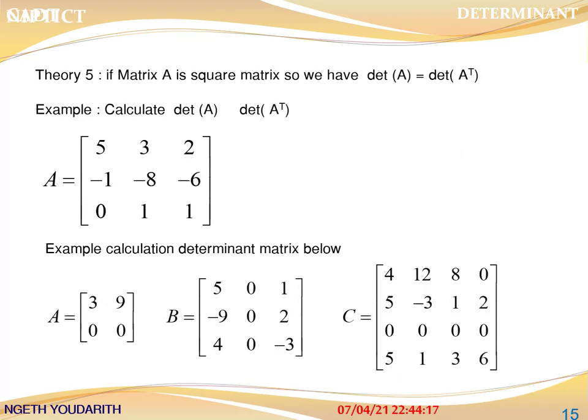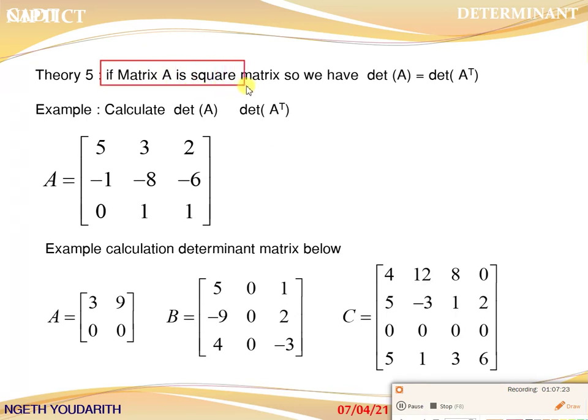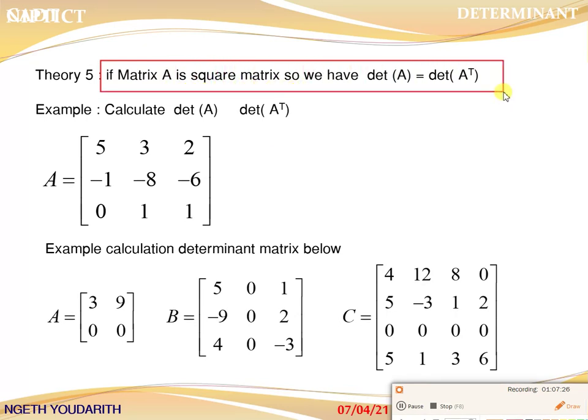And the next, theory 5, it means that if matrix A is a square matrix, we have determinant A equal to determinant of the transpose of A. This is also this case.